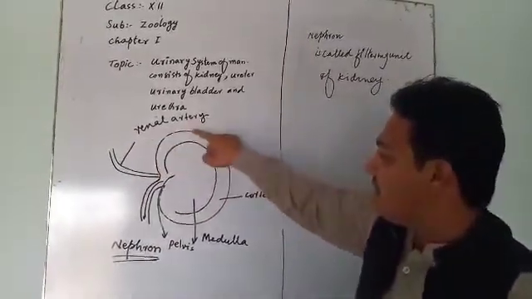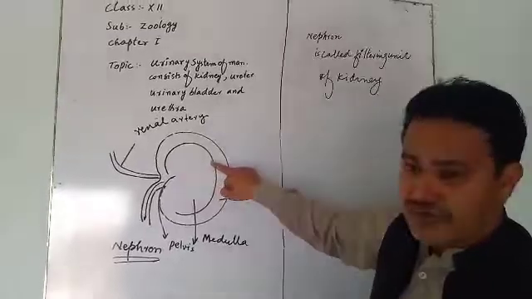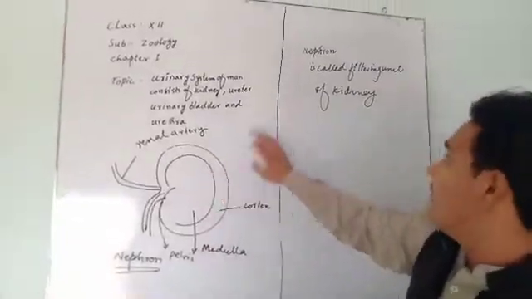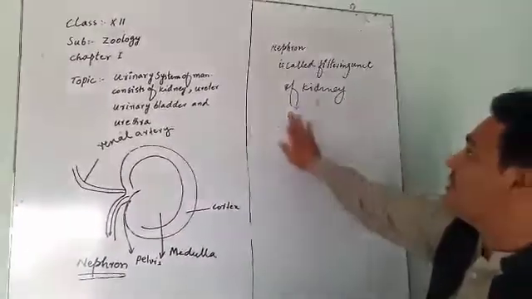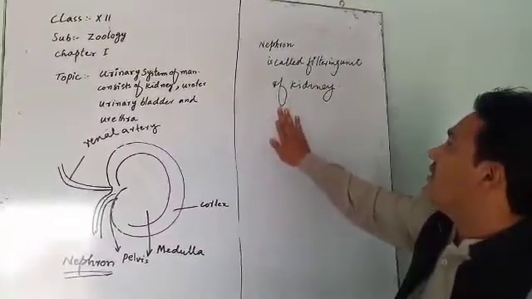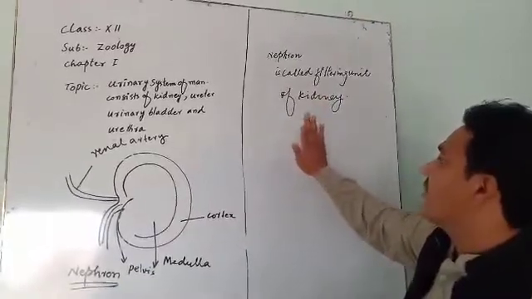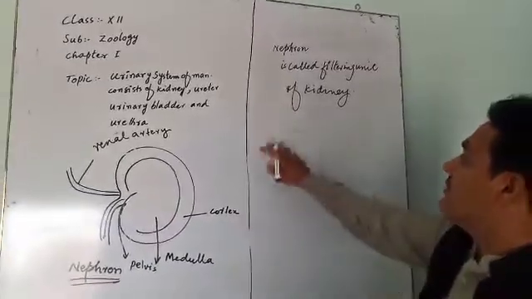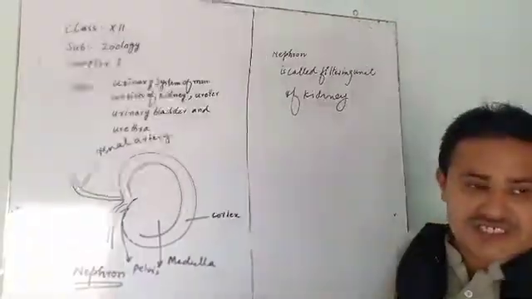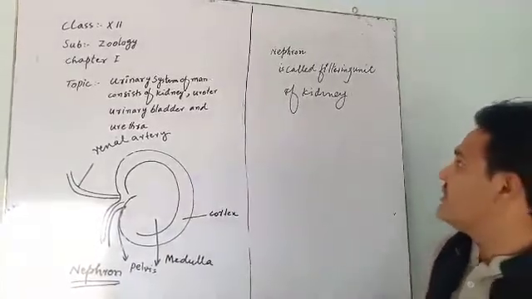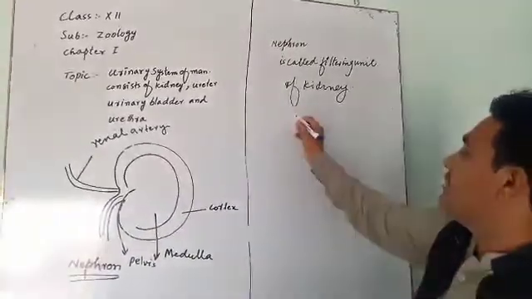From renal artery it goes into the body of kidney. Then there are some special kind of structures. These structures are called nephrons. They are the filtering units.